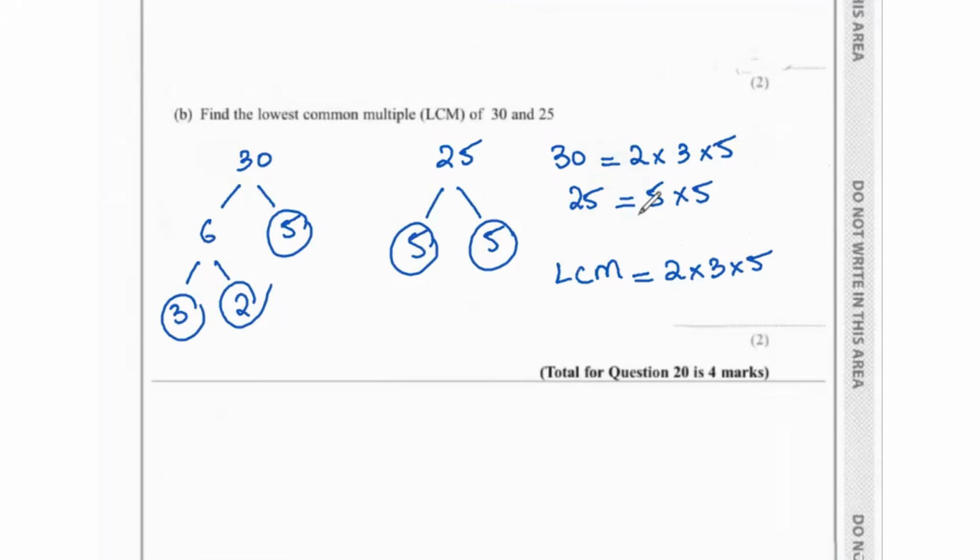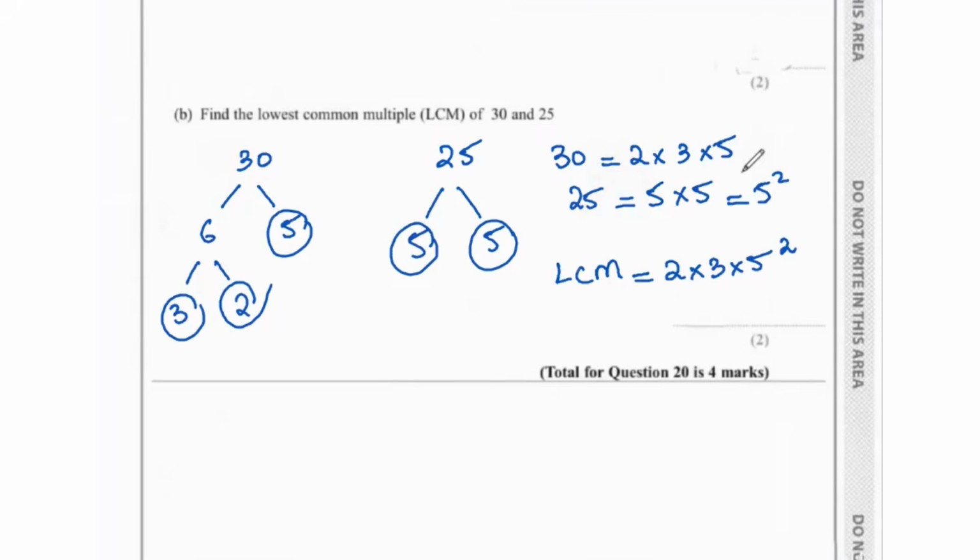But for 5, there's a 5 in 30, there's a 5 in 25. The one in 25 has the highest power, which will be 5 squared, because we have two 5s. So we write a 2 for the power of 5. Once again, we write all of the numbers, but for the powers, we see which one of those has the highest frequency.